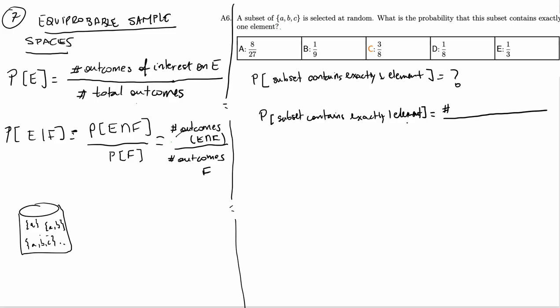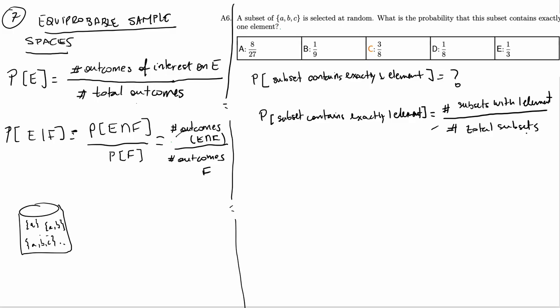The number of subsets with exactly one element, divided by the total number of outcomes, the total number of subsets that I have.